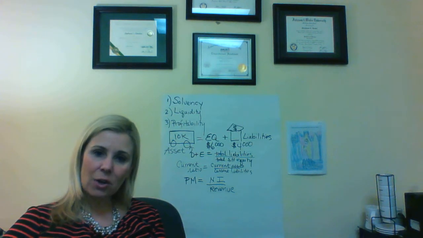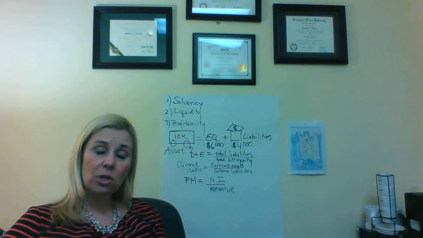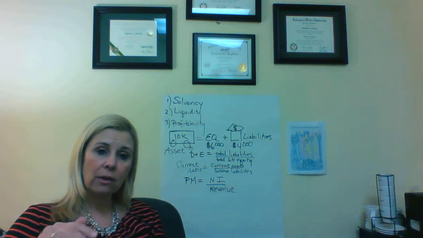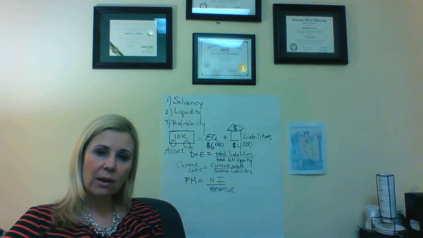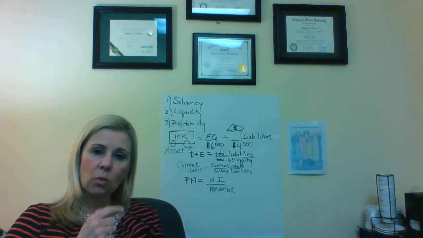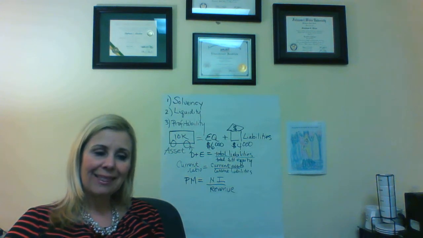If you have any questions on these, be sure to read the additional material that I have posted under this week's reading. Scroll down and you'll see an article with some great explanations on these ratios, what they mean, which category they fall under, and specifically the ones I want you to concentrate on this week.